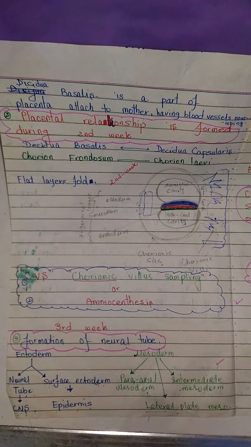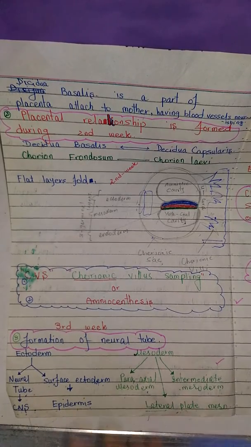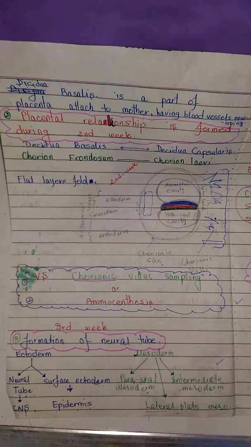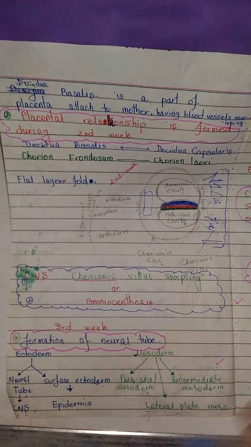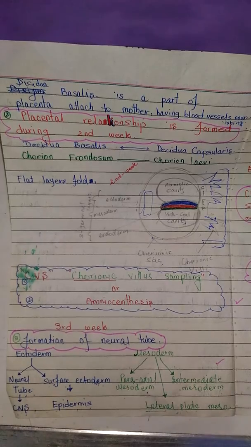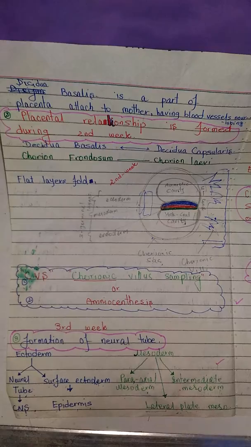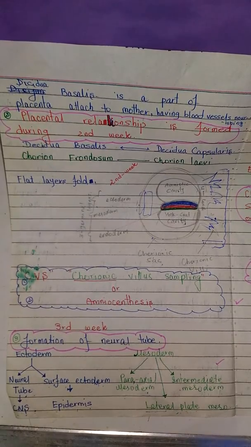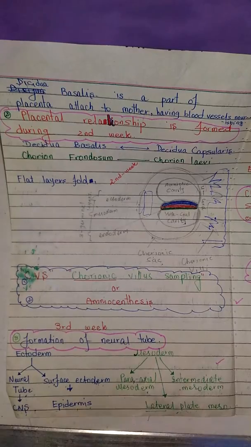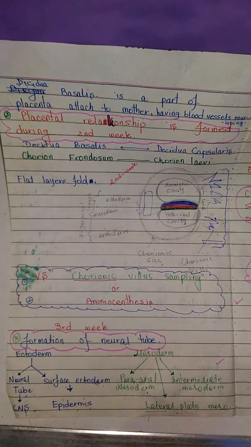As a side note, this is the time when amniocentesis is done. So the question comes, what is amniocentesis? Amniocentesis is a procedure or method of getting amniotic fluid from the amniotic sac of the developing embryo.